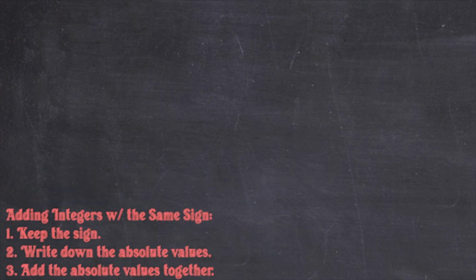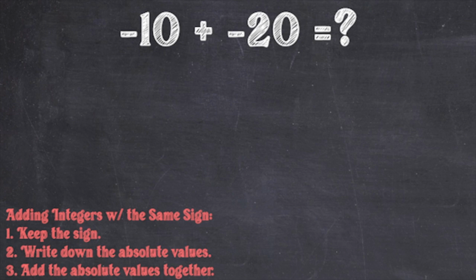Let's try this with the example of -10 plus -20. Remember that -10 and -20 have the same sign, so we should use the steps that we just introduced. We need to keep the sign, so let's write down a negative sign to start our answer. For the second step, remember that we need to add the absolute values.